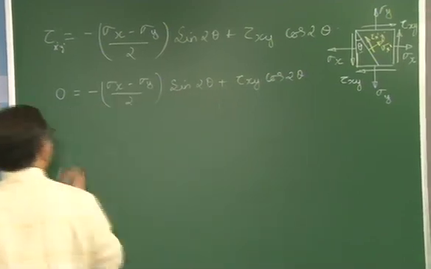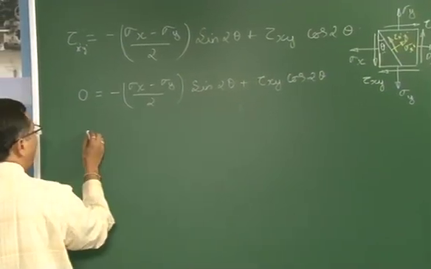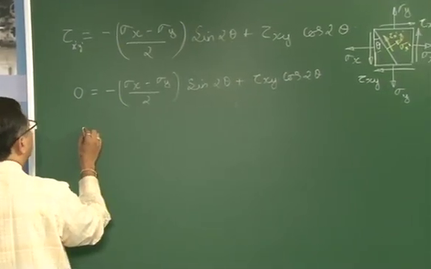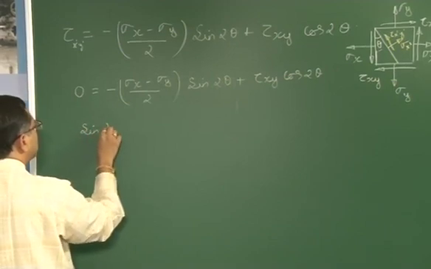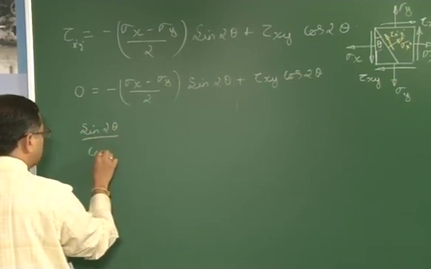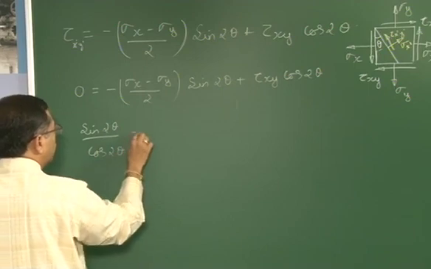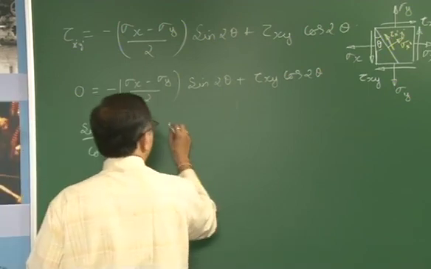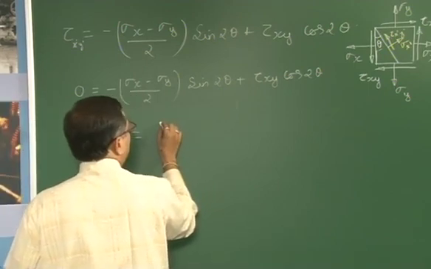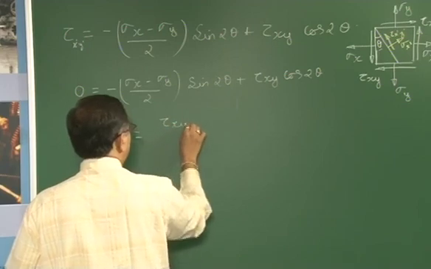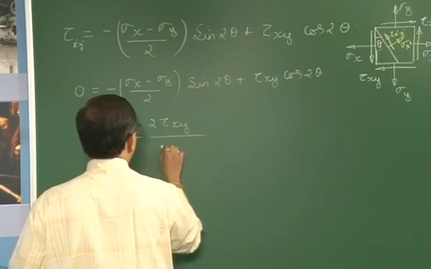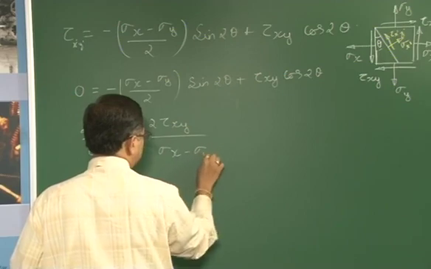If I solve this equation, I get sin 2 theta by cos 2 theta equals 2 tau xy divided by sigma x minus sigma y.